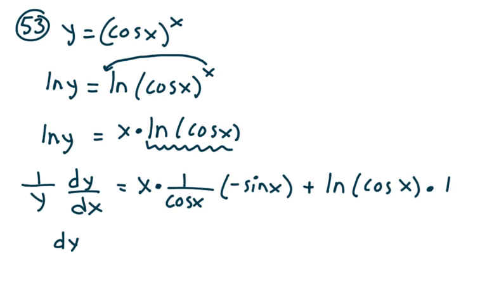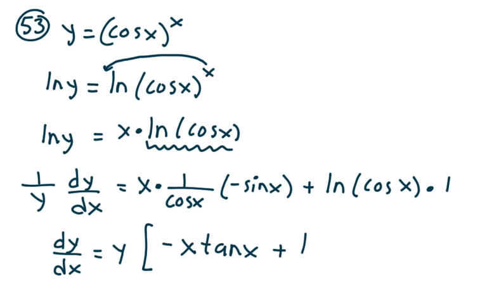So dy/dx is y times the quantity negative x tangent x plus natural log of cosine x. But remember that y is cosine x to the x.